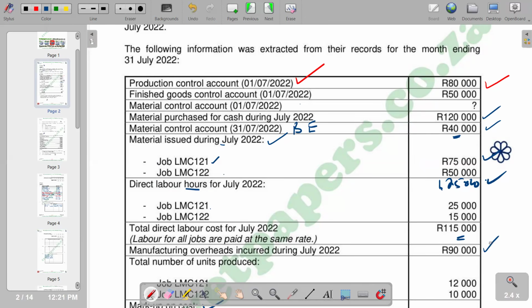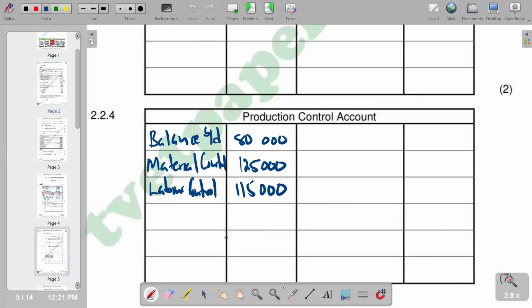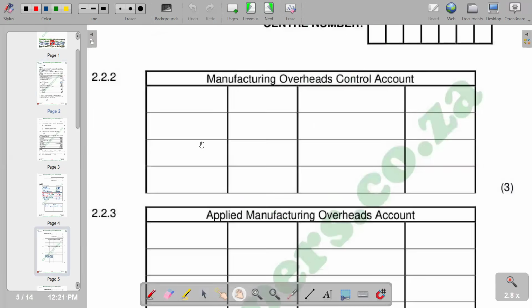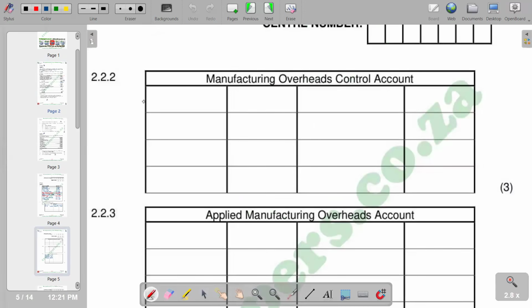So we go to the debit side of the manufacturing overheads control. So we look for that account. Manufacturing overheads control, and then on the debit side, we are saying actual manufacturing overheads, which we are given as 90,000.